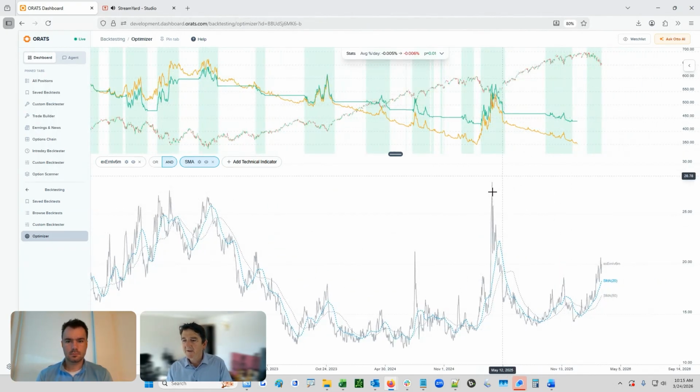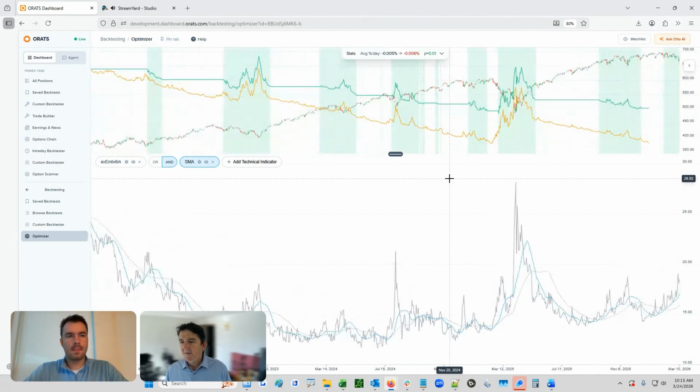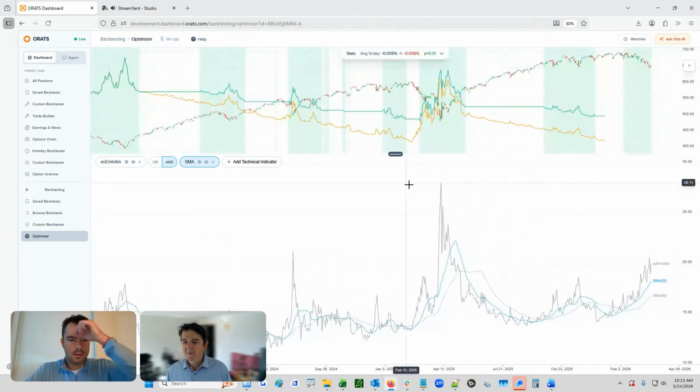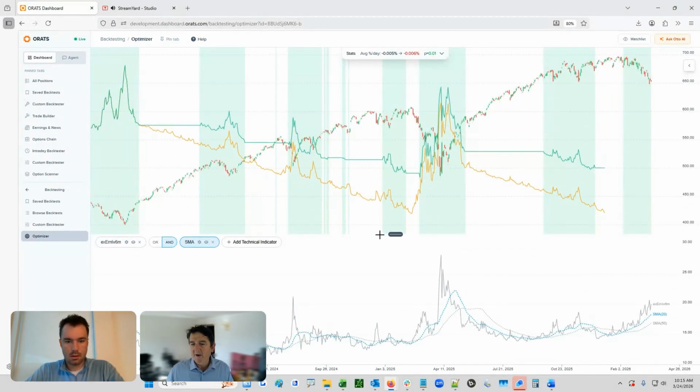In April, for example, we had Trump's Liberation Day, or whatever you call it, and the strategy made a lot of money, but then it gave back a lot, right? This particular indicator is relatively slow, but it got you in and it got you out, and it protected your position.